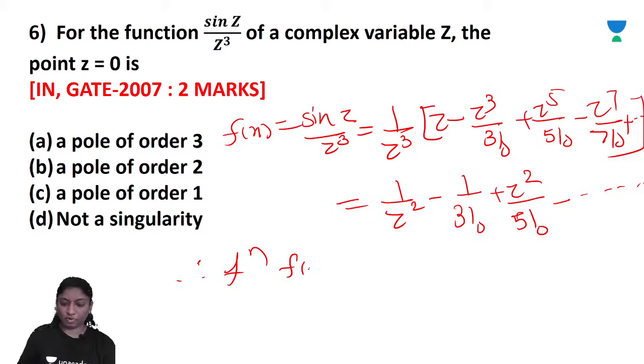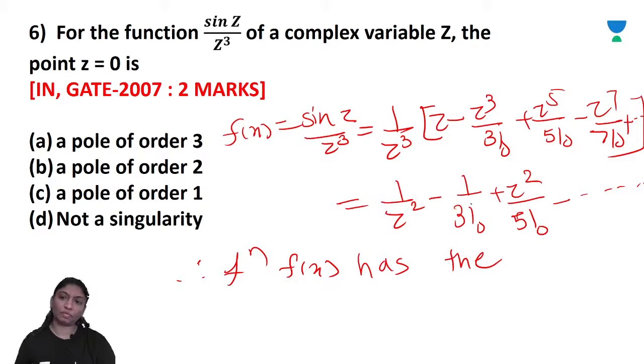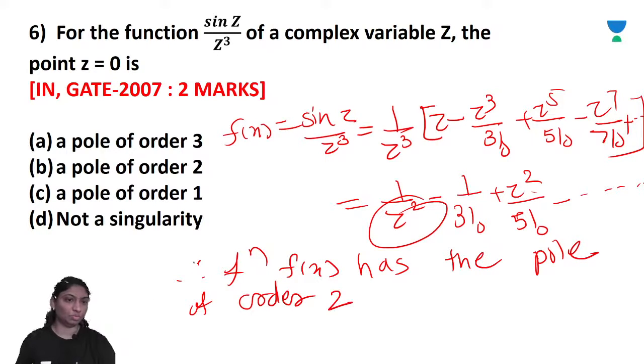Therefore function f of z has a pole of order 2.